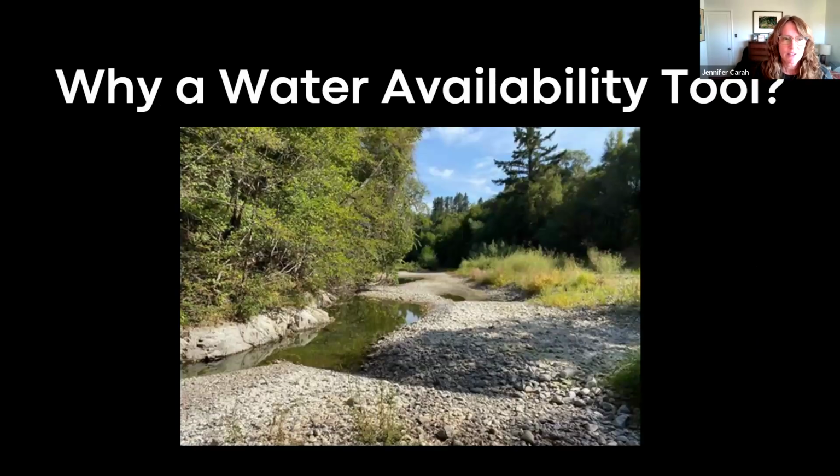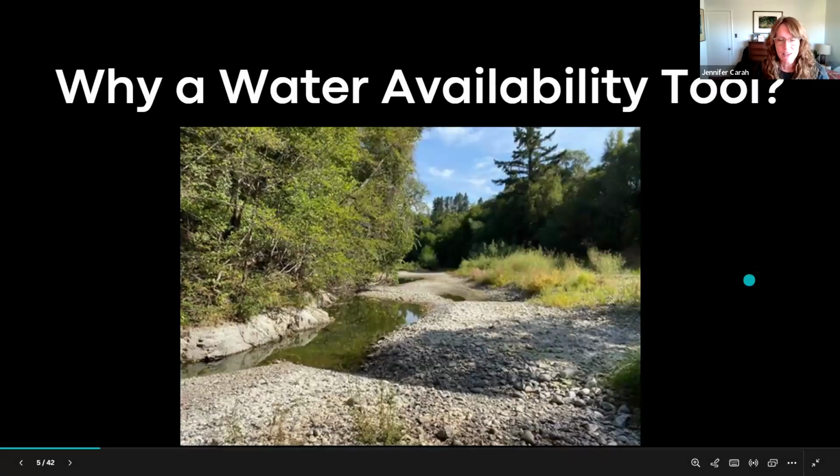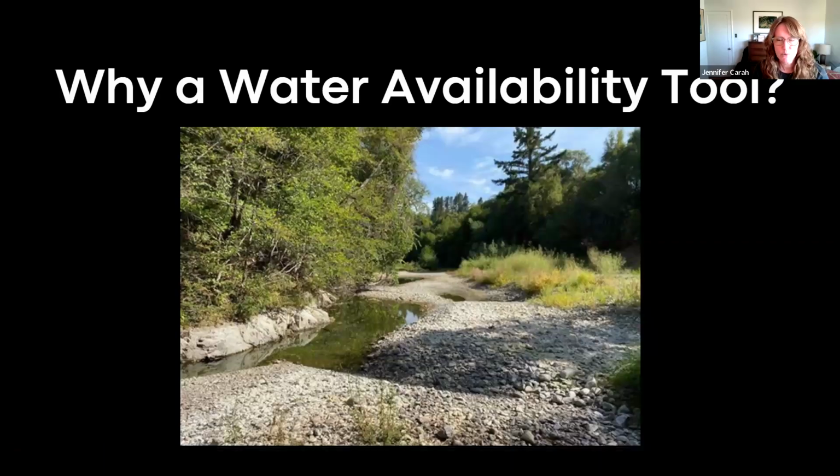Next slide, please. So why did we develop a water availability tool? I think most of you on this call are probably pretty familiar with images like this, unfortunately. We know there's a fundamental problem in California and the North Coast, in particular in our salmon and steelhead streams and rivers. We're seeing that dry season flows in many perennial streams drop to critical levels, or they dry up entirely in the dry season, in part due to numerous water diversions for uses such as farms and residences.